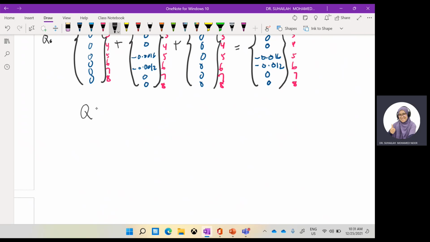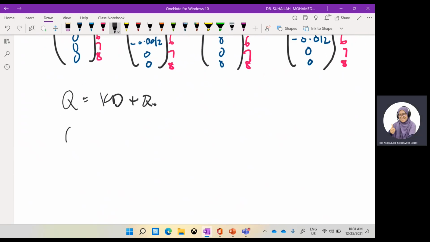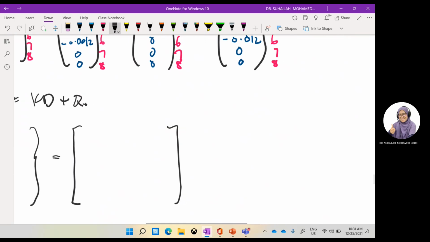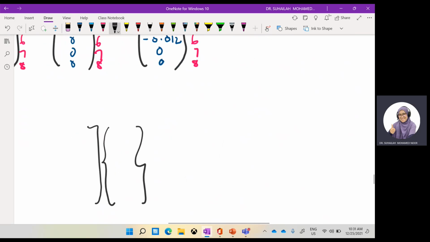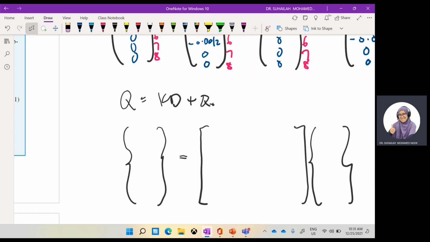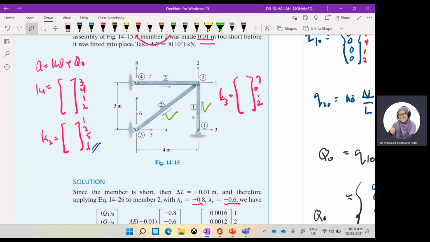Okay, the full equation is Q is equal to KD plus Q naught, but without support settlement. And from this, we know that we only have 2 degrees of freedom for the unconstrained system.